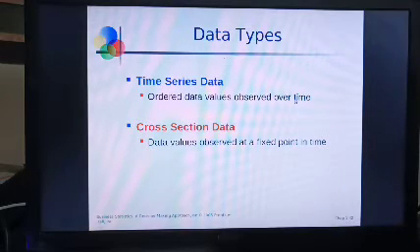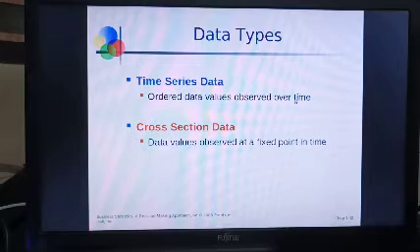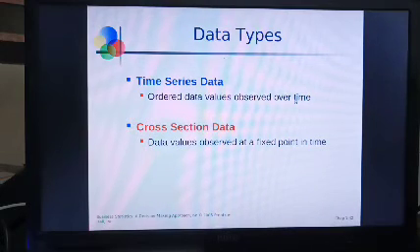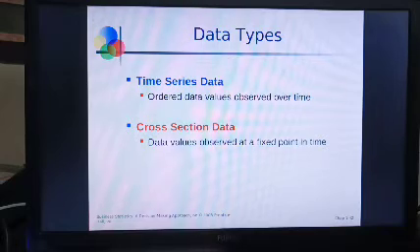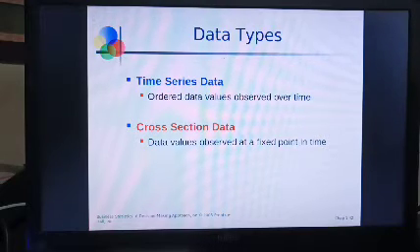Time could be year, month, day, hour, minutes or seconds or microseconds, milliseconds. That is our measurement of time, or maybe decades or centuries or millennia. A series of data based on time is a time series data.